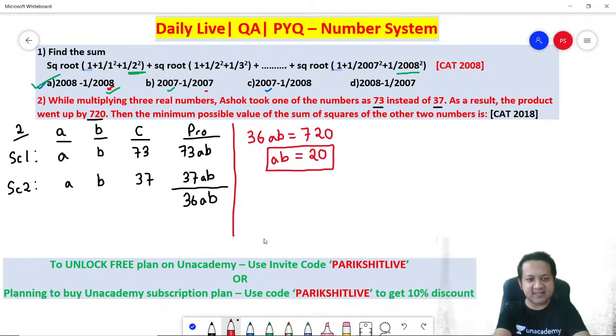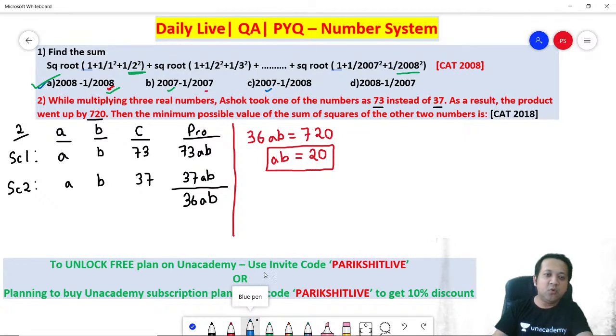So you got the value of A into B, which is 20. Now the question is asking for the minimum possible value of the sum of the squares of the two numbers. Remember, the numbers are A and B, sum of squares minimum.